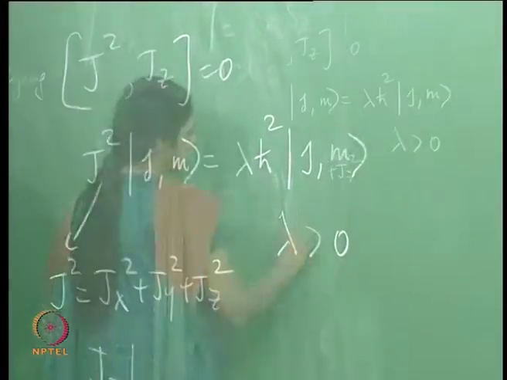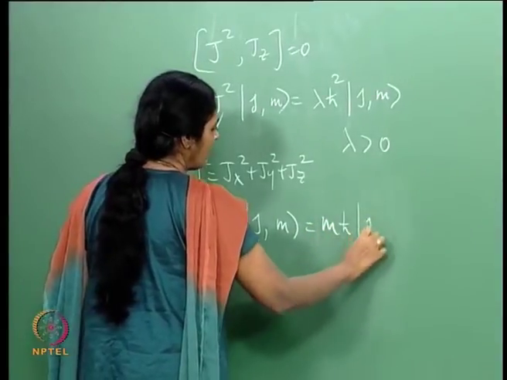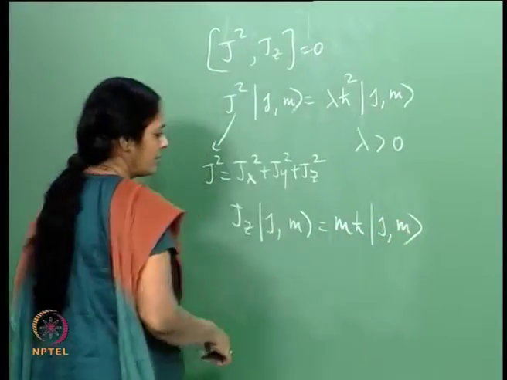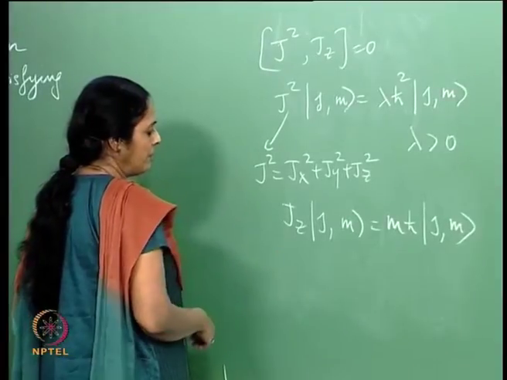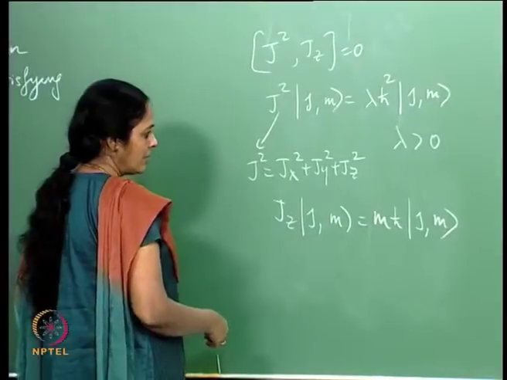Now Jz acting on |j, m> I know is m h-cross |j, m>. m too has to be determined given lambda.